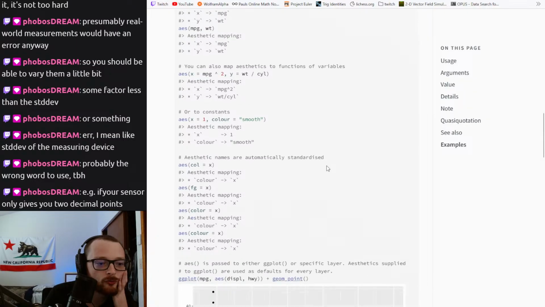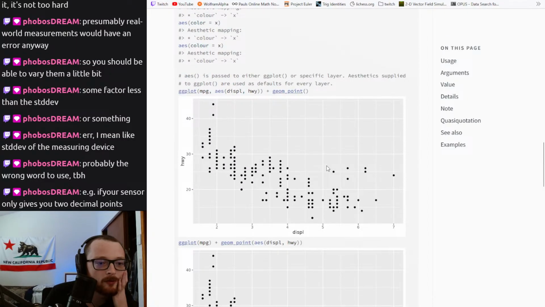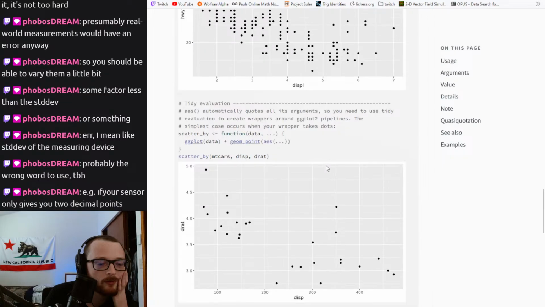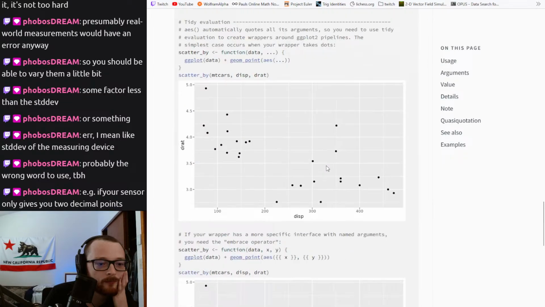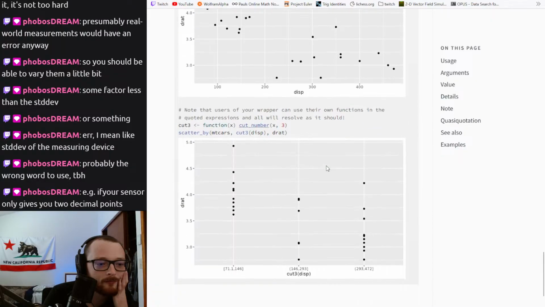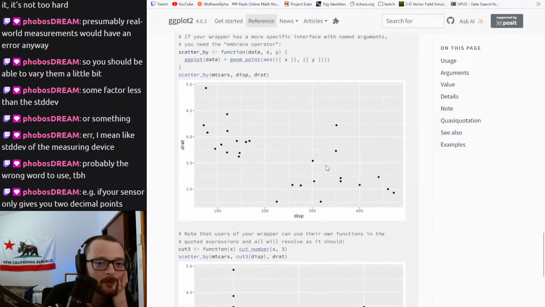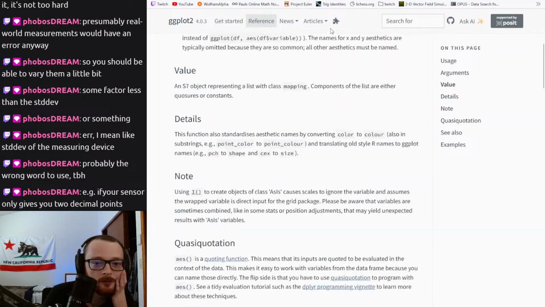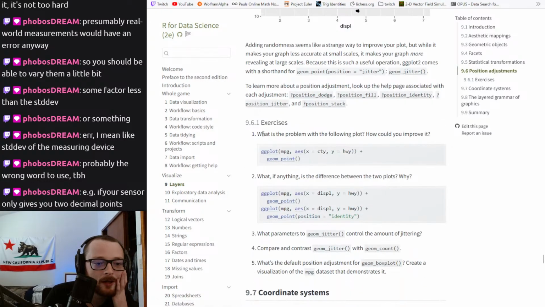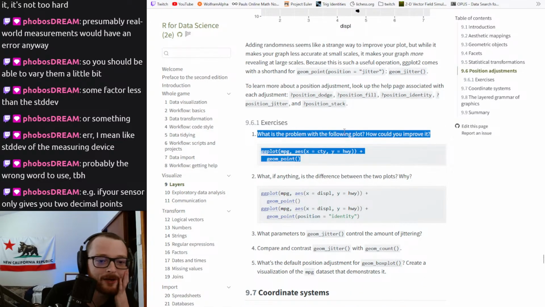Does the aesthetic that goes in ggplot need to tell me this? Okay, thanks, documentation, for not telling me that. I don't know if my idea is even what they're intending.